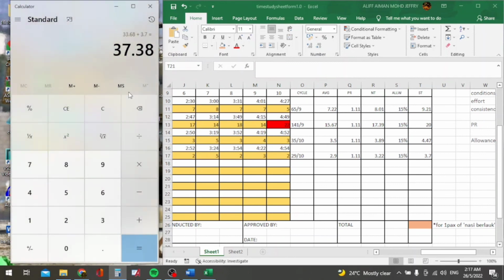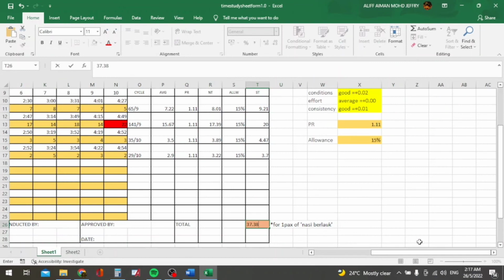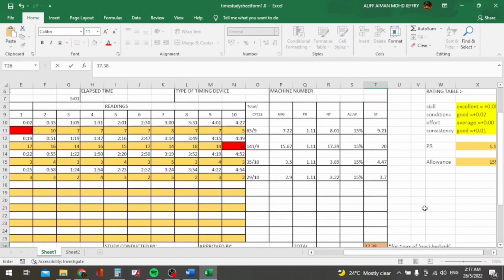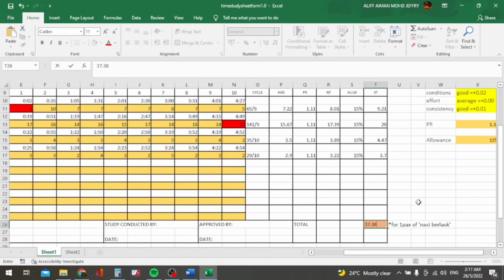The answer is 37.38 seconds. So this is the whole total for wrapping one pack of nasi belaut.